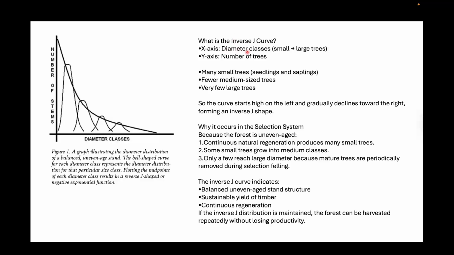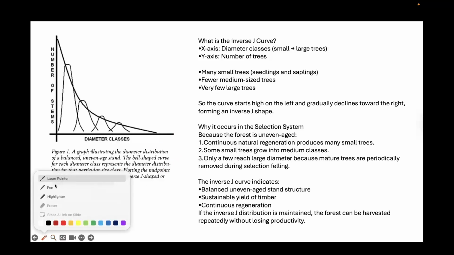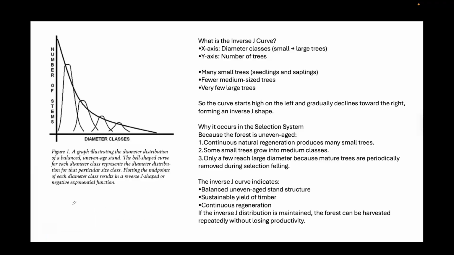Now, what is the inverse J curve? The x-axis represents diameter class, or small or large trees, which is mostly the diameter at breast height, the DBH. This is the x-axis, and the y-axis is the number of trees.